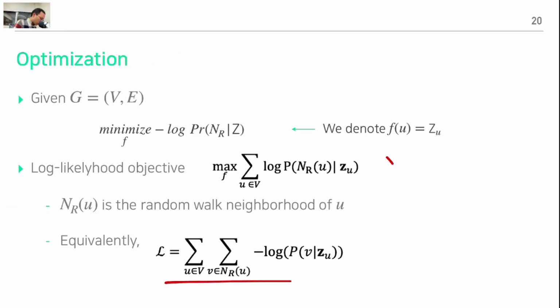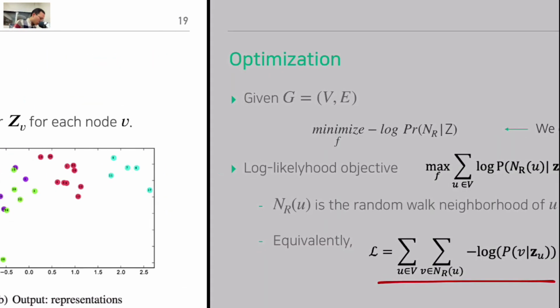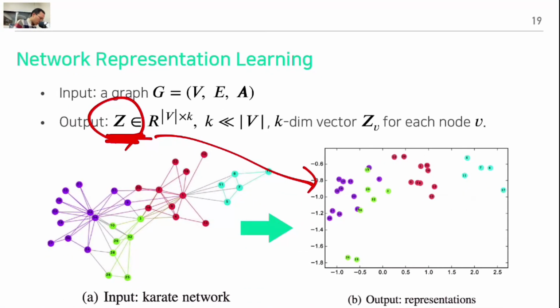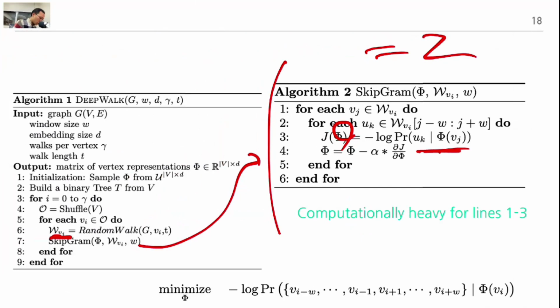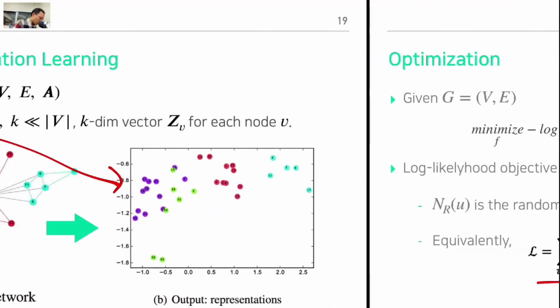So now we have this objective function. That's why previously we had something like this. So now we understand, right?